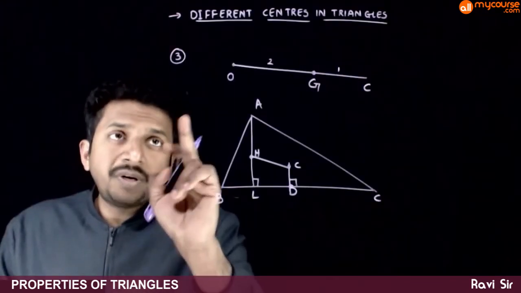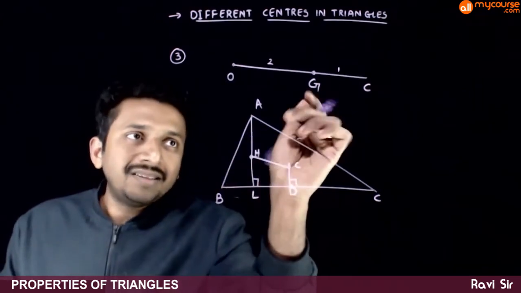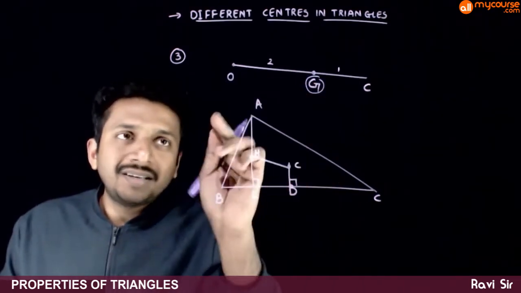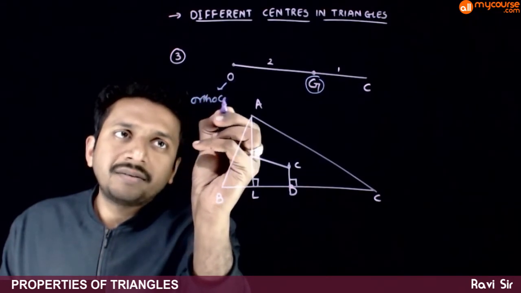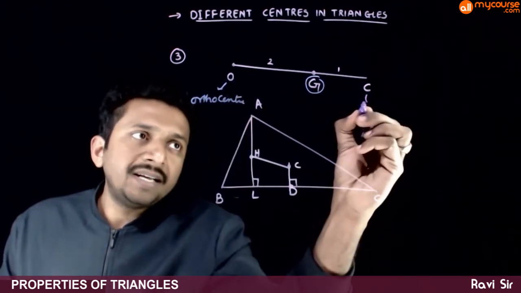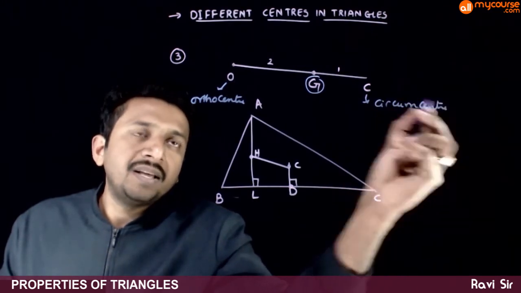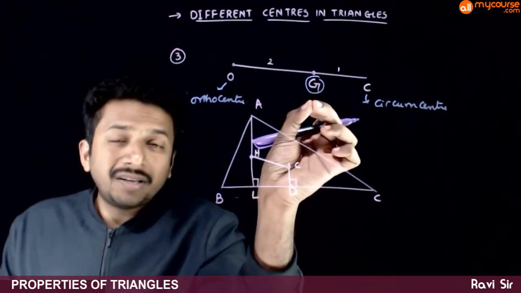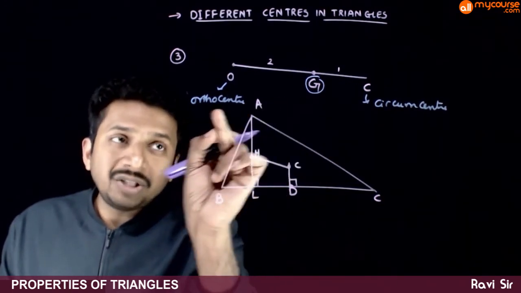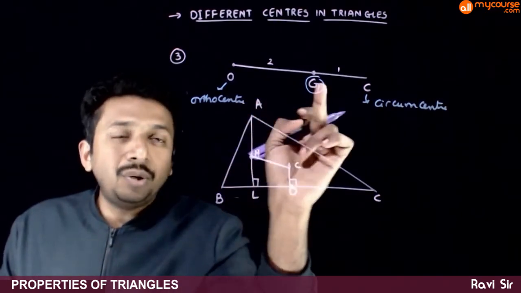The next property which you need to remember about the centroid is that the centroid divides the line joining the orthocenter and circumcenter. In any triangle, the centroid divides the line segment joining orthocenter and circumcenter in the ratio 2:1.